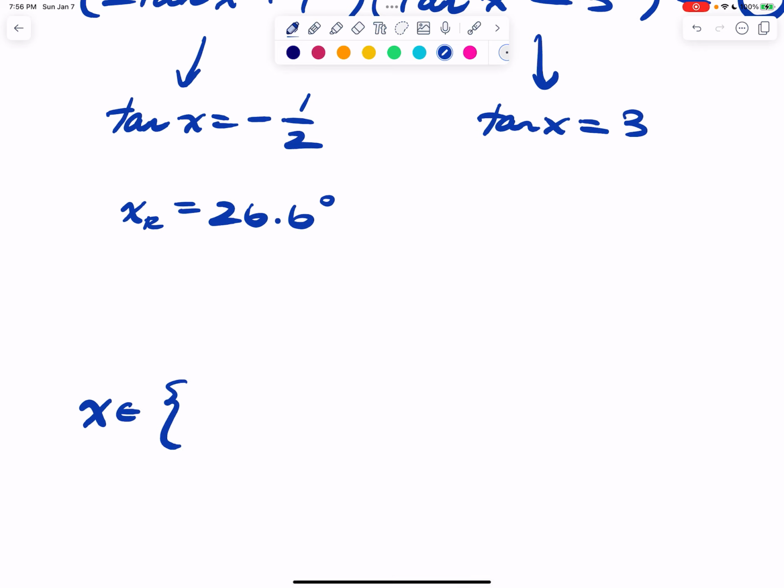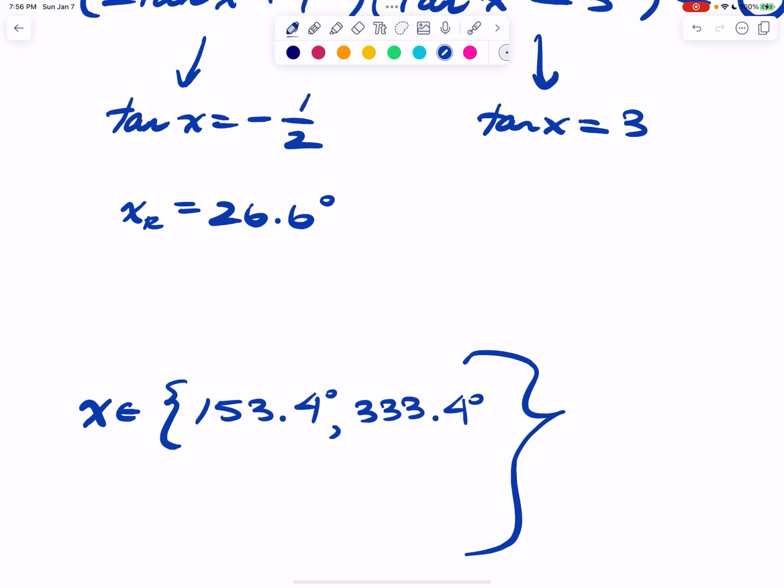Tan is negative there, so we're dealing with quadrants 2 and 4. In quadrant 2, we're talking about 153.4 degrees. And in quadrant 4, 333.4 degrees.